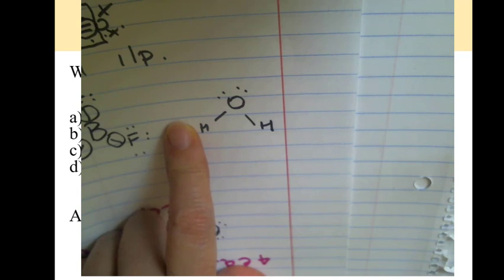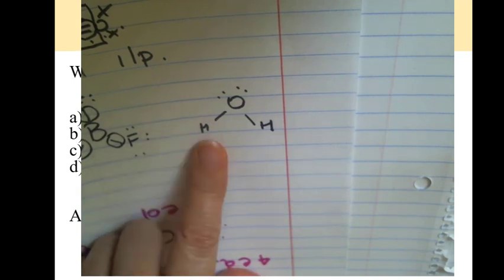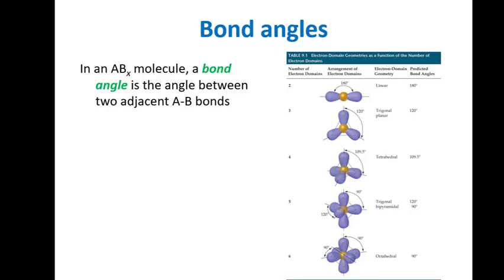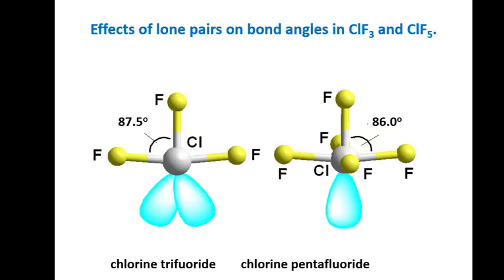Couple of things. We were talking about those angles. How will those angles look, for example, for water? Well, you see that you have a tetrahedral shape, so it will ideally be 109.5. As a matter of fact, because there are lone pairs, you're going to have some variation. So that angle is going to be smaller than 109.5, and that's all you need to know. Look at this example. We have chlorine trifluoride and chlorine pentafluoride.